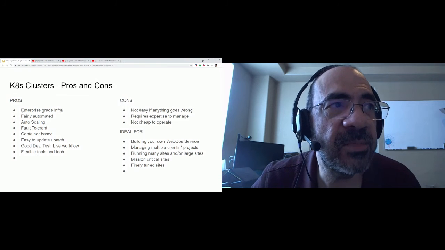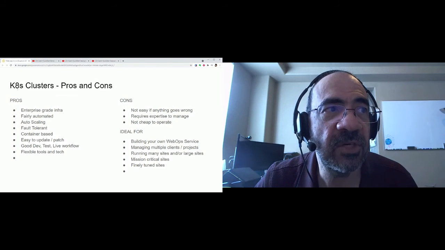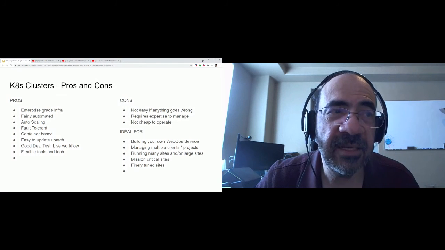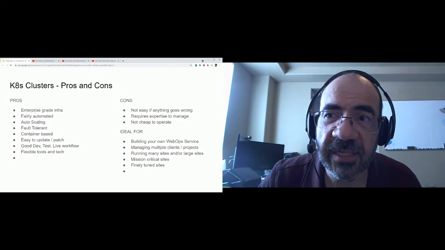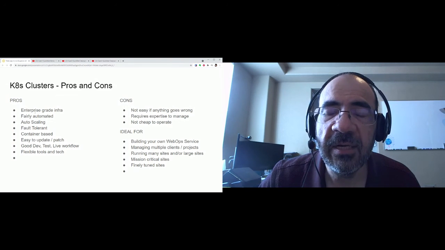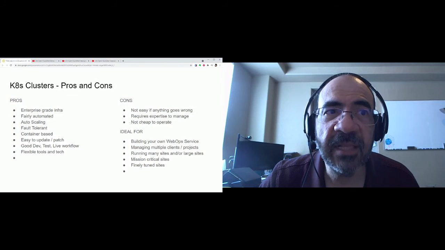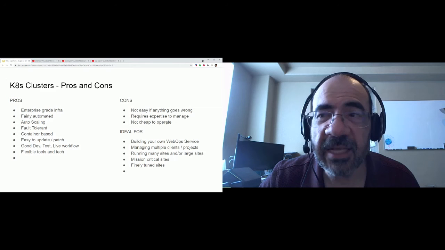So the pros and cons for EKS, for a Kubernetes cluster: the pro is that it's totally enterprise grade infrastructure. It is not going to go down. All the components there are managed by AWS. But the con is it is not cheap to operate.